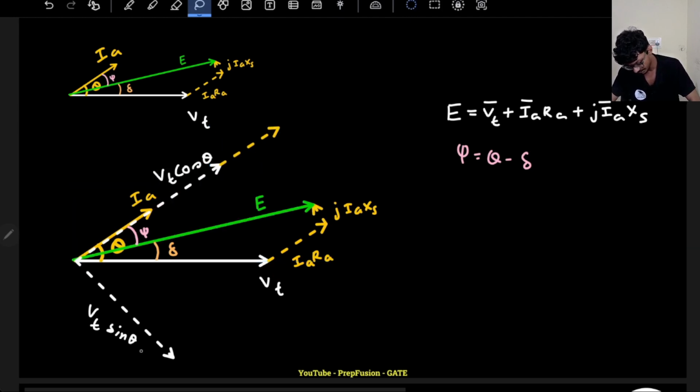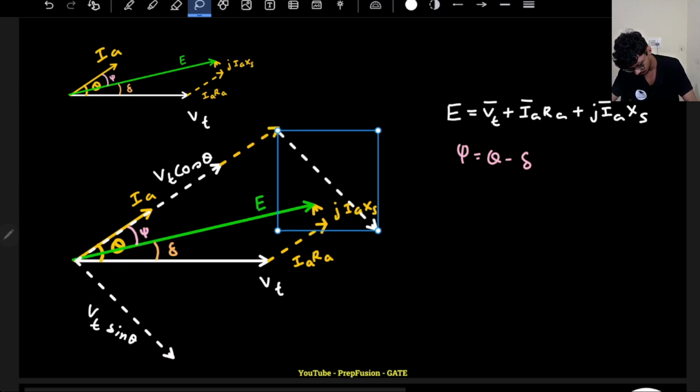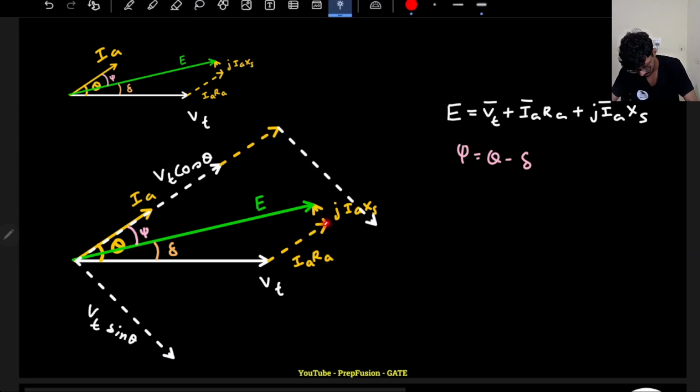Also, my Vt sin theta, I can copy it and paste it over here, right? So basically it will touch somewhere around here actually. The length I have not properly written. Actually this is not totally correct. Yeah, this length should reduce more.